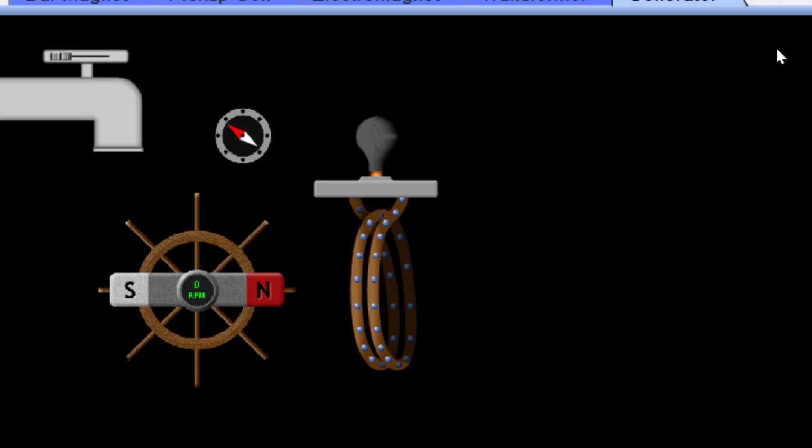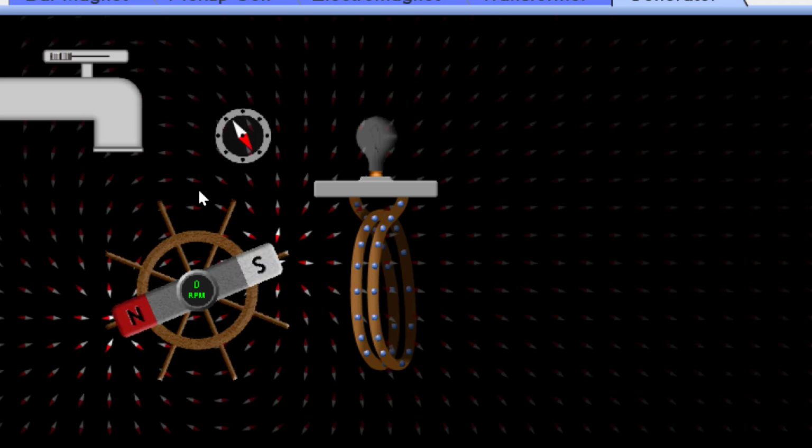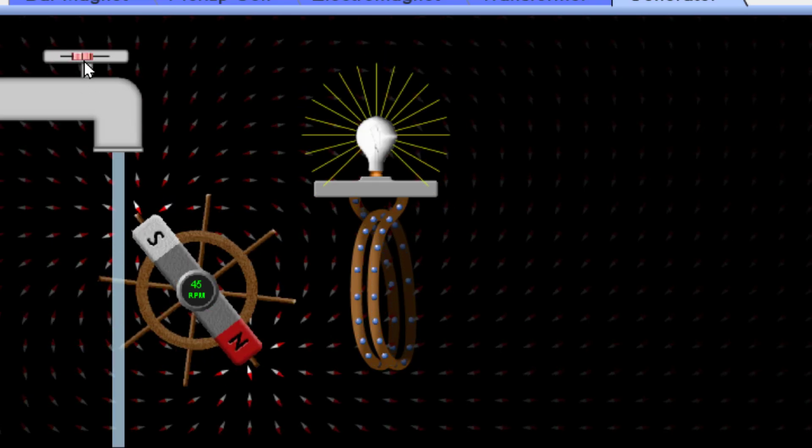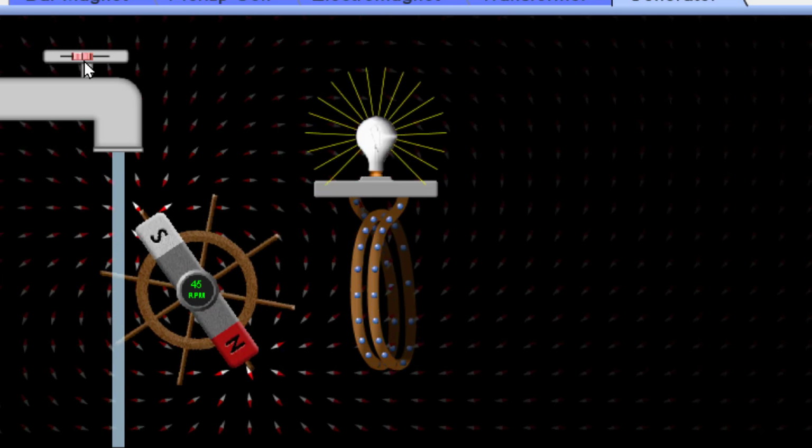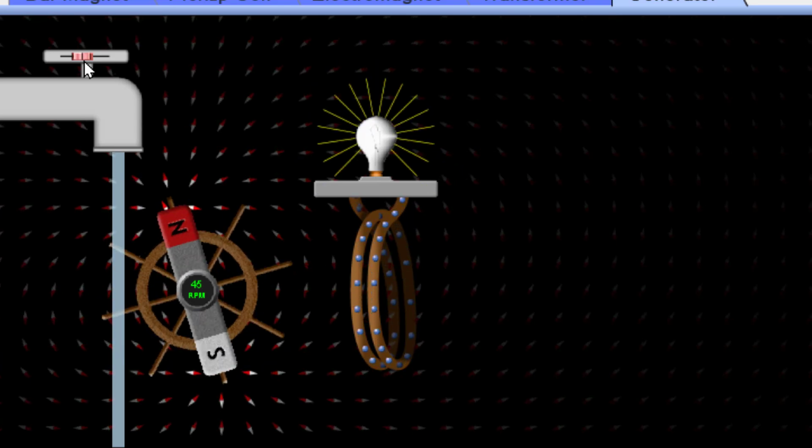And here's a simple cartoon of a generator. Right now we can see that there's a magnet, and around that magnet is a magnetic field, just kind of a map of what the magnetic field would do. Let's hide this compass for now. But if I can get this magnet to spin a little bit, then the magnetic field will always be changing direction and amount.